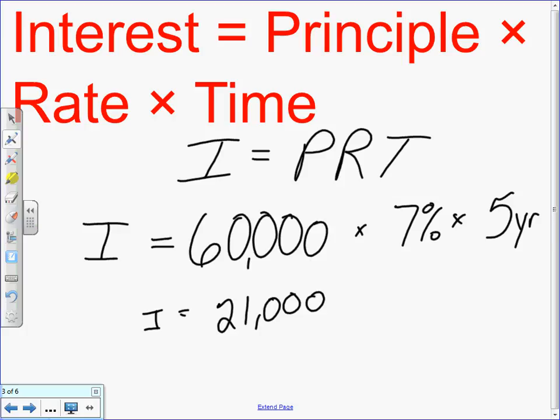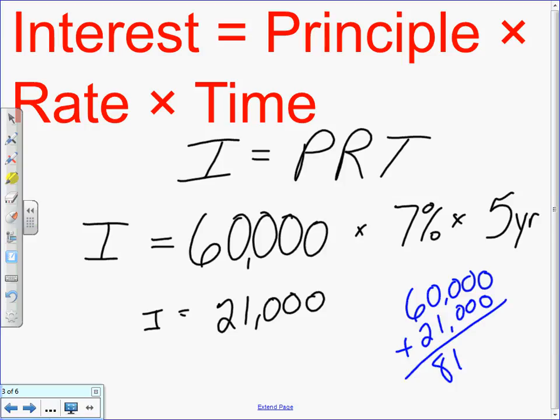So overall, what is he actually going to pay for that car? $81,000. You would add the principal and the interest together. So in actuality, if Larry goes and gets this loan for $60,000, he's actually, over the course of the 5 years, going to pay $81,000.